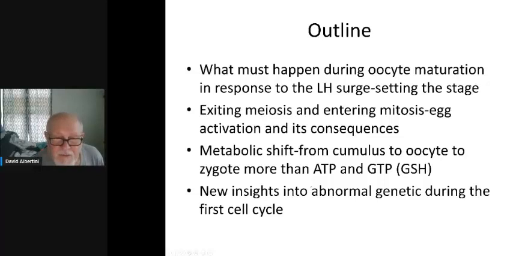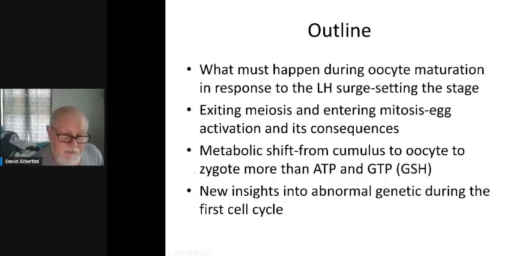Now, what we've come to understand is that the oocyte has to be prepared to support the metabolism, not only consumed during the fertilization process, but afterwards. And that much of the metabolic support for the zygote is derived from the cumulus cells prior to ovulation during the process of oocyte maturation.